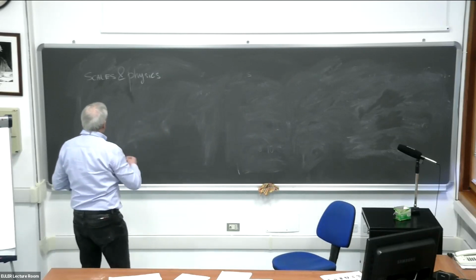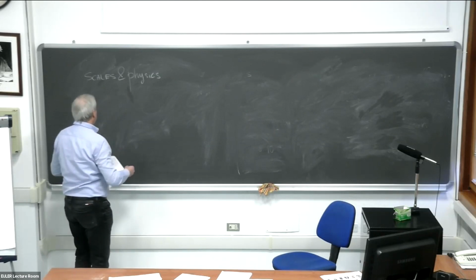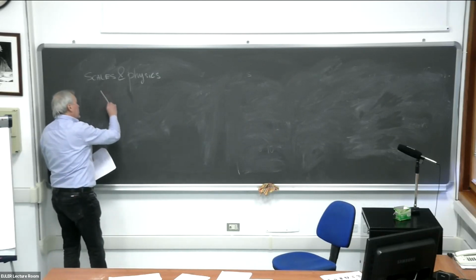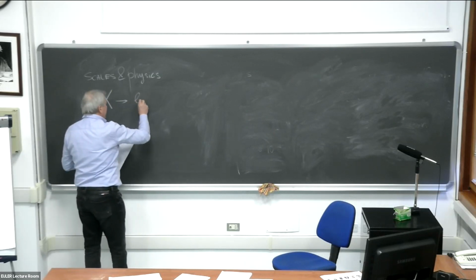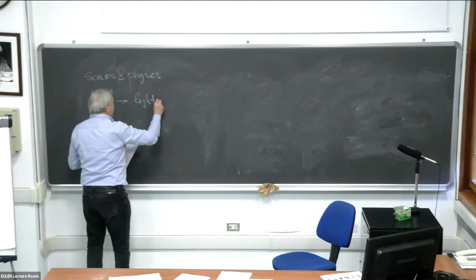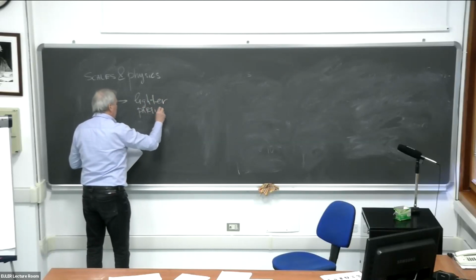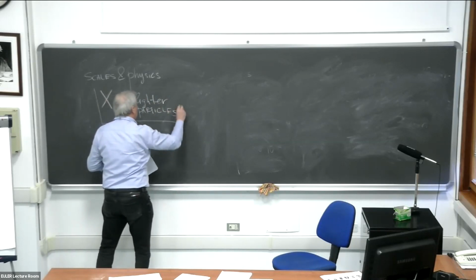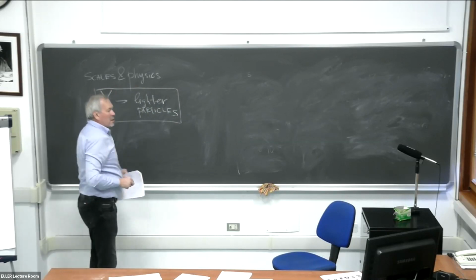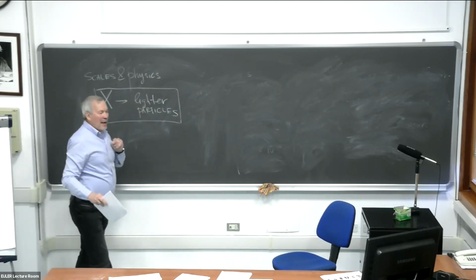Now, let me give you some examples where just knowledge of the scales is extremely important. So we have decays of a particle. Suppose we have an X particle, and it decays into lighter particles. So the question is, why does it decay only into light particles?